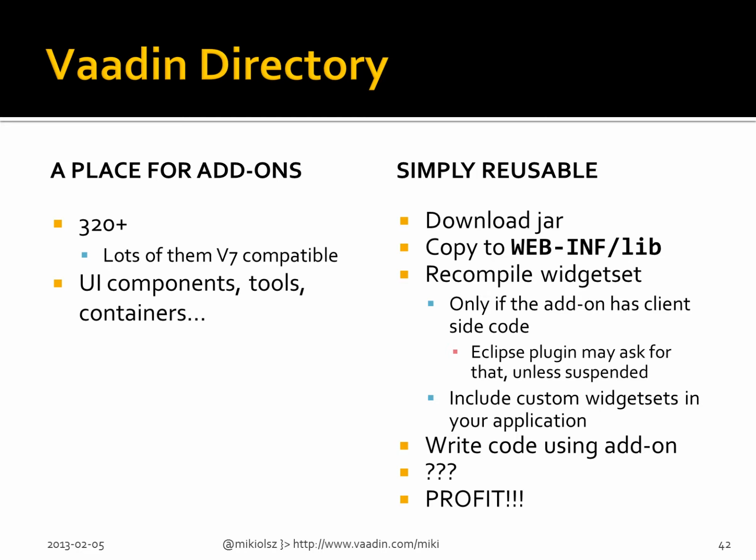The idea of add-ons is that we are able to simply reuse the work of ours or other people. So we just download the jar from the directory, we copy it to WEB-INF/lib, and now if we have the Eclipse plugin and there is some client-side JavaScript related to that add-on and the Eclipse plugin is not suspended, then we will be prompted about recompiling the widget set.